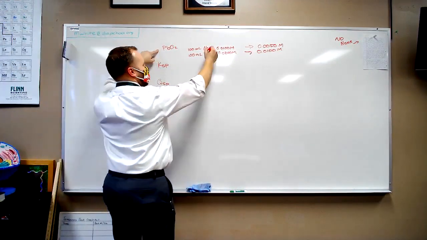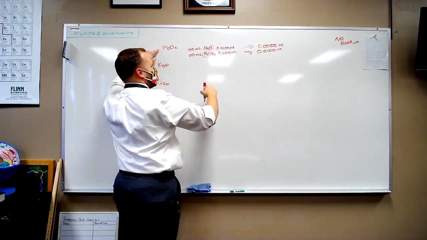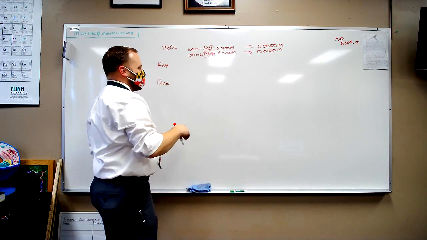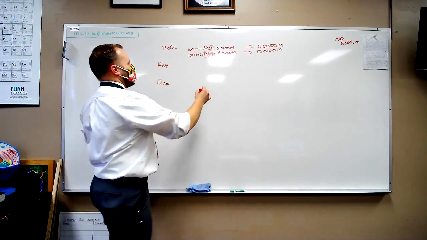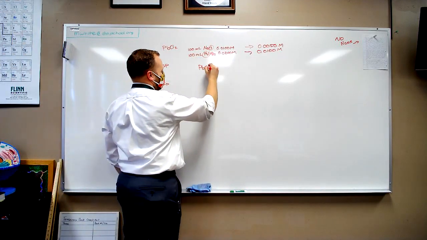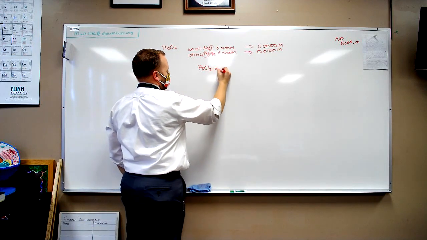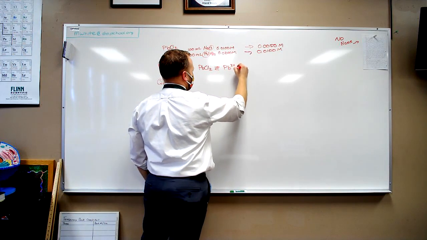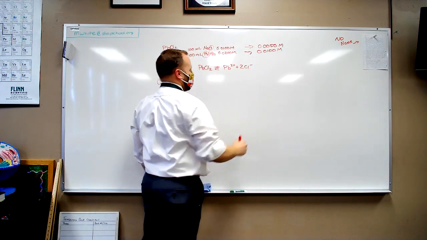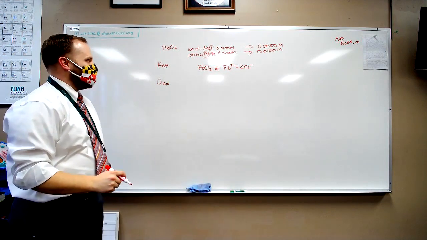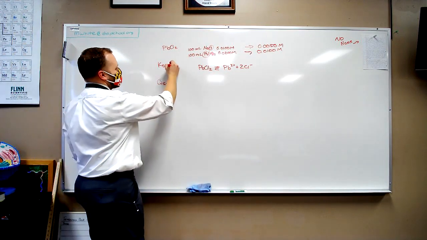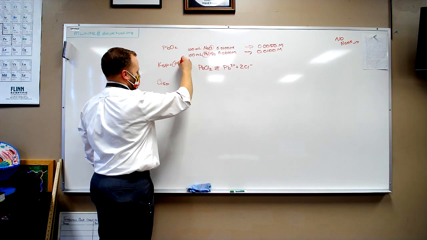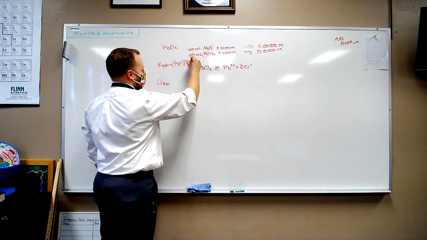So this ion right here, plus this ion right there, can form that. What we need to do is write out the equation for this. So lead chloride can separate out like that, and our KSP is equal to the lead ion times the chlorine ion squared.